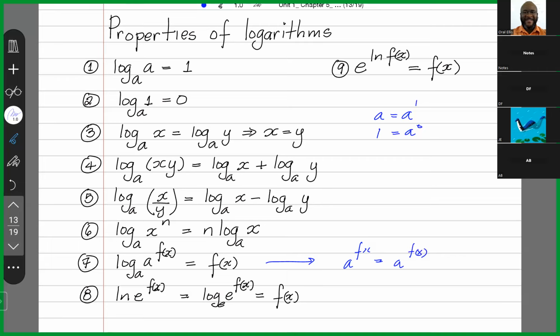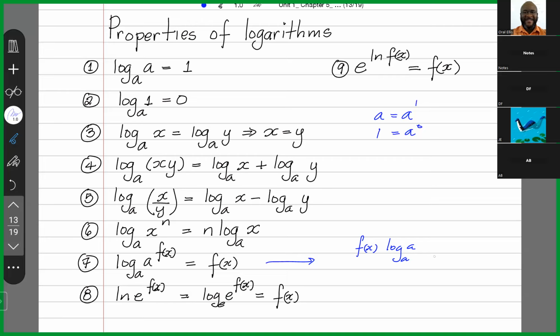All right, that's moving from the log form to the index form. That's one way of looking at it, in showing that this law is correct. Using, let us say, law number 6, I could say that the log to the base a of a raised to the power of f of x is equal to f of x times the log to the base a of a.